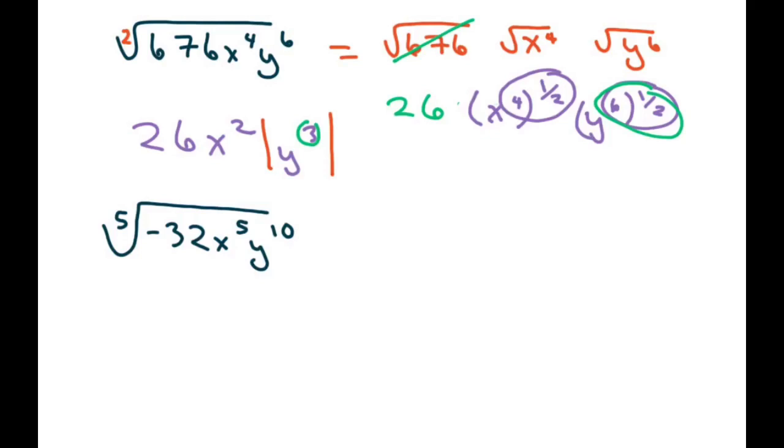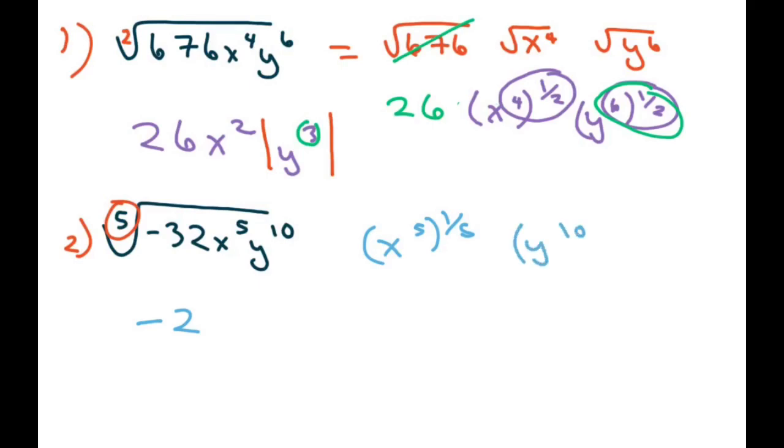For example, in the second one we're going to do here, our root is odd, so it's not necessary to do the absolute value signs. So the fifth root of -32 is just -2. Then we have x to the fifth to the 1/5 and y to the 10th to the 1/5, because the 1/5 here is your root.